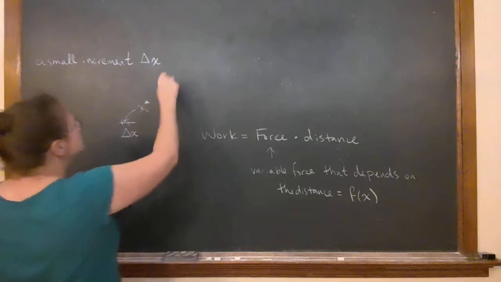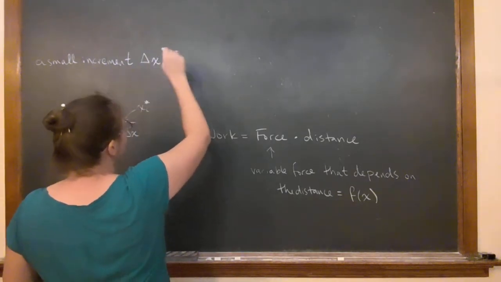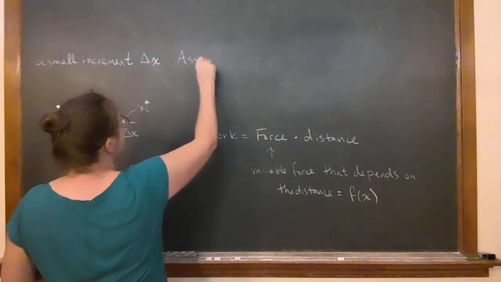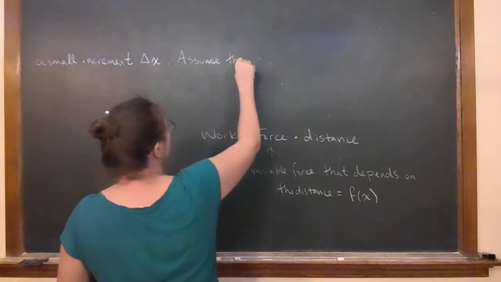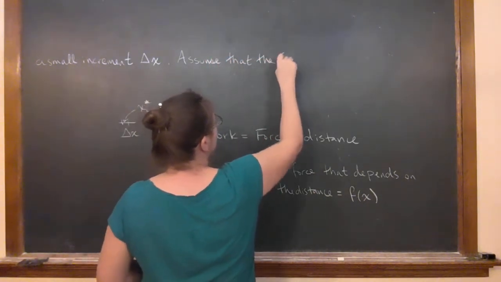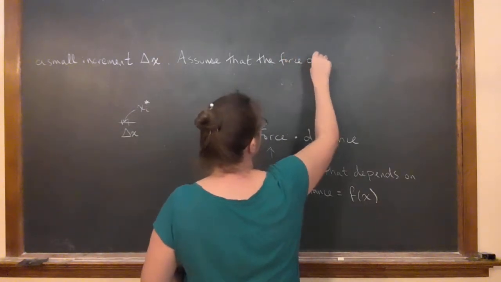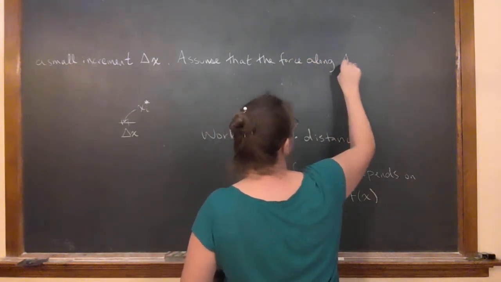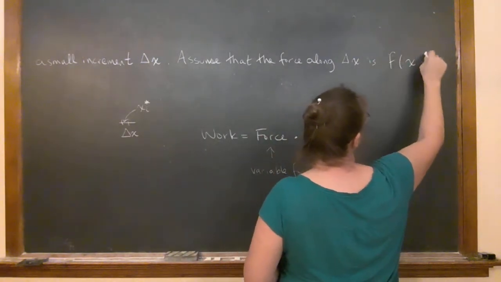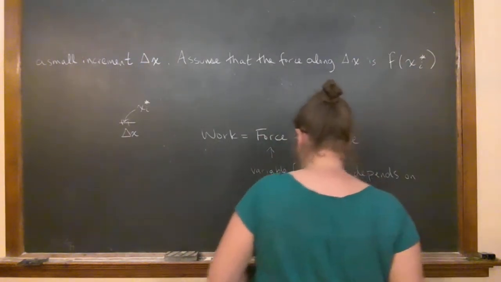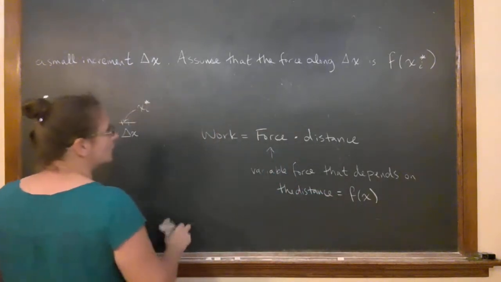We are going to assume that this is so small that the force along my delta x is given by f of xi star, where xi star is just some point in that interval.